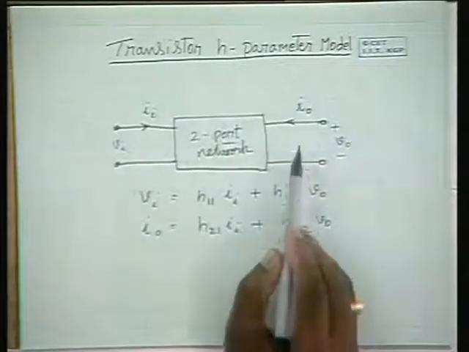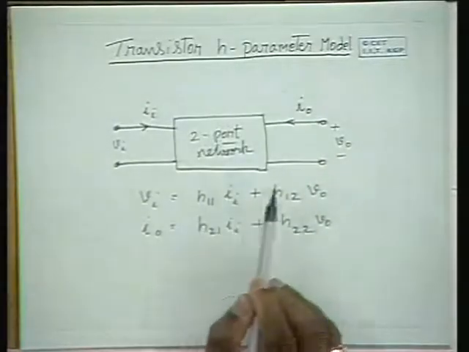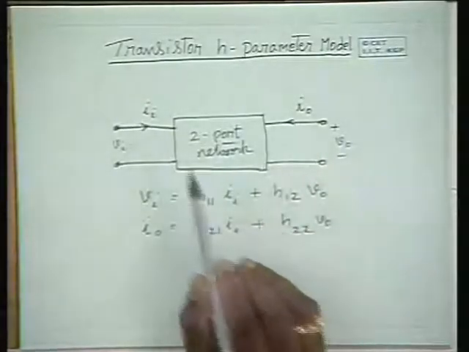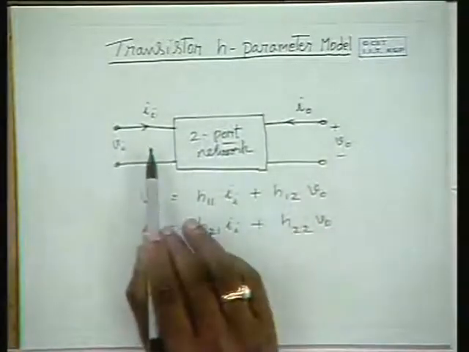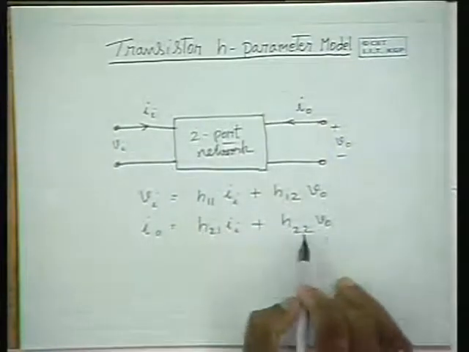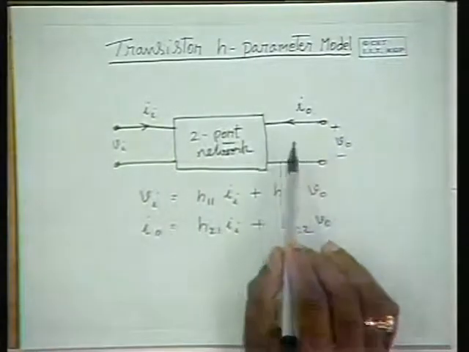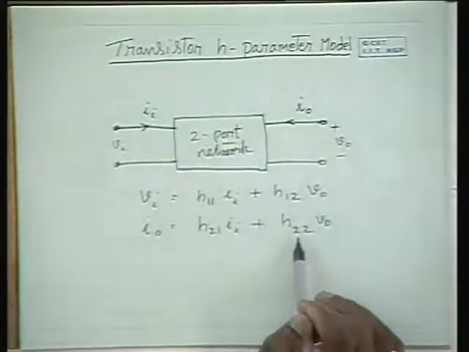Similarly, H21 is a proportionality constant between I0 and Ii, so between an output quantity, port 2, and a port 1 quantity, therefore it is given the symbol H21. Similarly, H22 indicates the relationship between output voltage and output current, therefore it is given as 22.